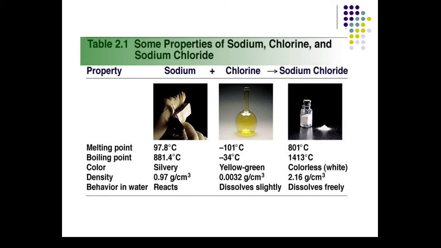If I start, and we talked about this in chapter 1, with two or more different things and end up with something new, I do a chemical reaction. And in that chemical reaction, here's the big key: the atoms are conserved. Sodium's still sodium and chlorine is still chlorine. However, when they combine with one another to form a molecule, or form an ionic bond, they take on new chemical and physical properties.